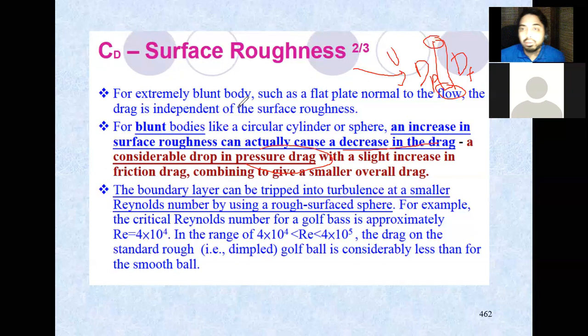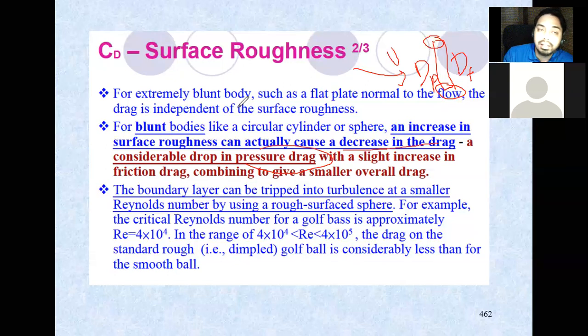It means you cannot actually overcome the pressure drag, so you modify the surface. Because of the modification of the surface, you have a slight increase in the friction, but a larger decrease in the pressure drag, and that's one of the examples. All right, understood. Thank you, sir.